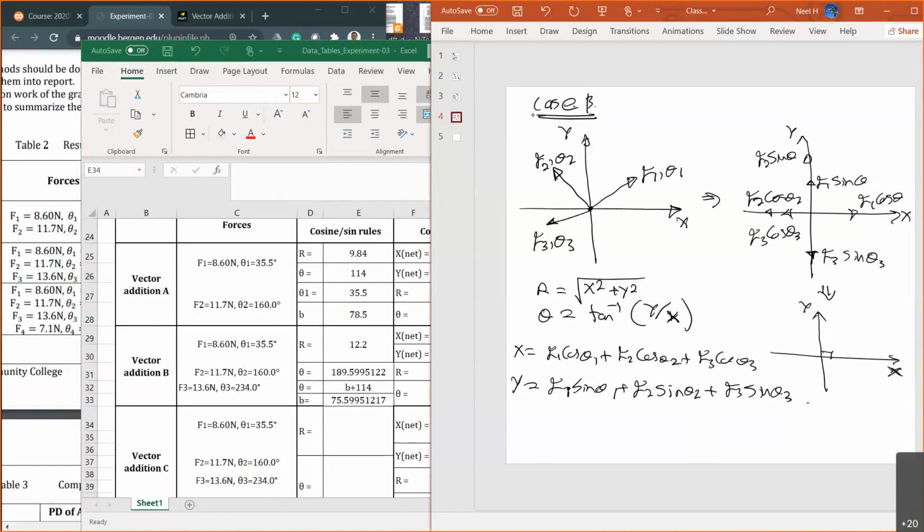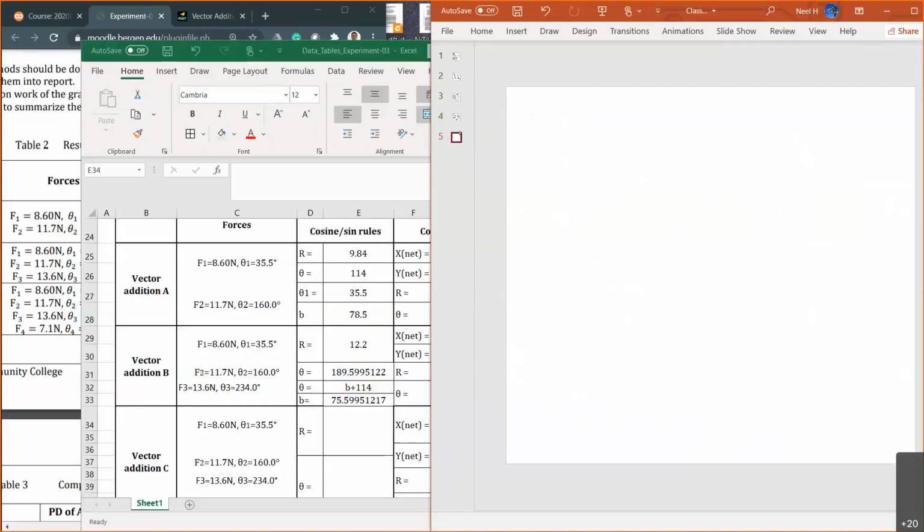Also, one other thing I forgot: you need to be careful if this theta becomes negative, so you always need to check. Remember, if this theta becomes negative, then you have to add 180 plus theta to get the right positive angle. Always keep that in mind too. Otherwise you might feel that you have a wrong answer. It may not be the wrong answer, it's just going to be a negative direction.